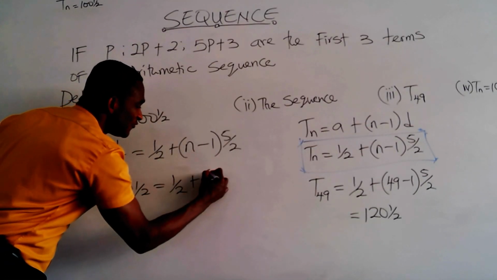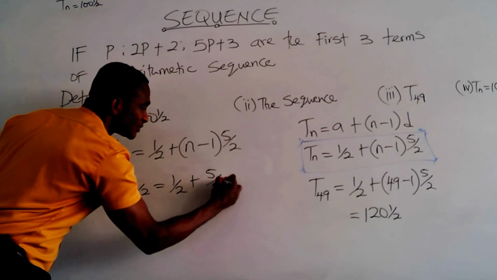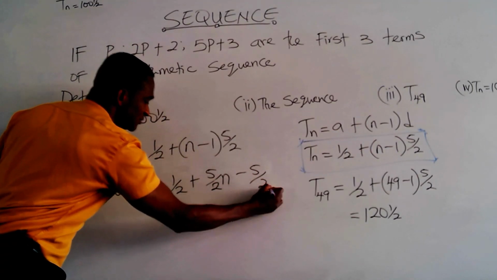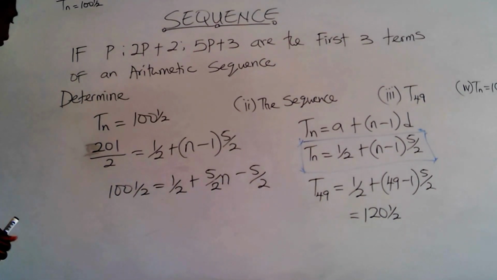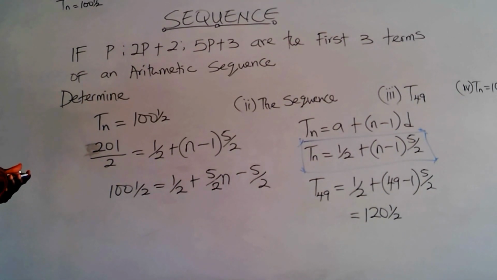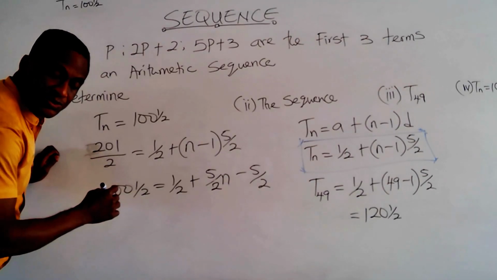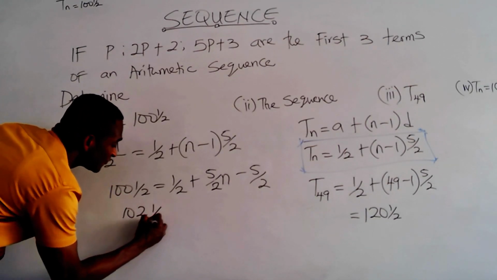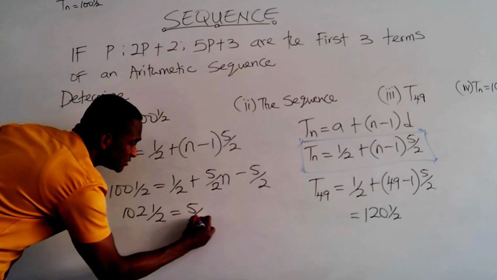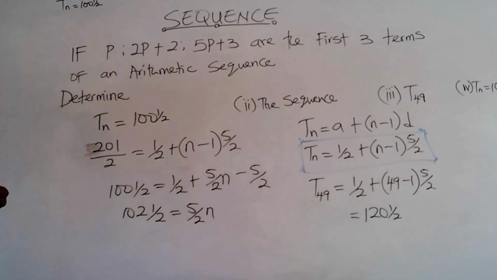This is plus 5 over 2 n minus 5 over 2. So let's quickly go through this. This is 100 and a half, and we have half, so we have 102 and a half equals 5 over 2 n.